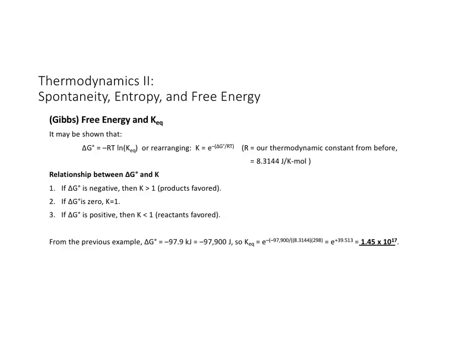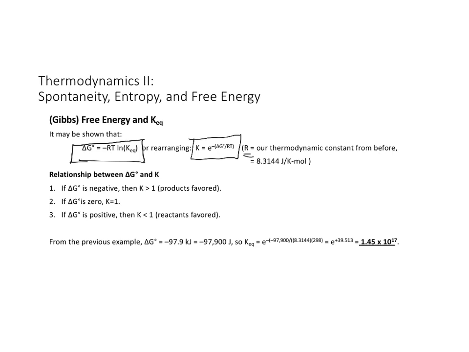The last thing we want to talk about with thermodynamics is the relationship between free energy and the equilibrium constant. It may be shown that the free energy change is equal to negative RT times the natural logarithm of K eq, or solving that for K eq, K eq is equal to e to the negative delta G over RT power.